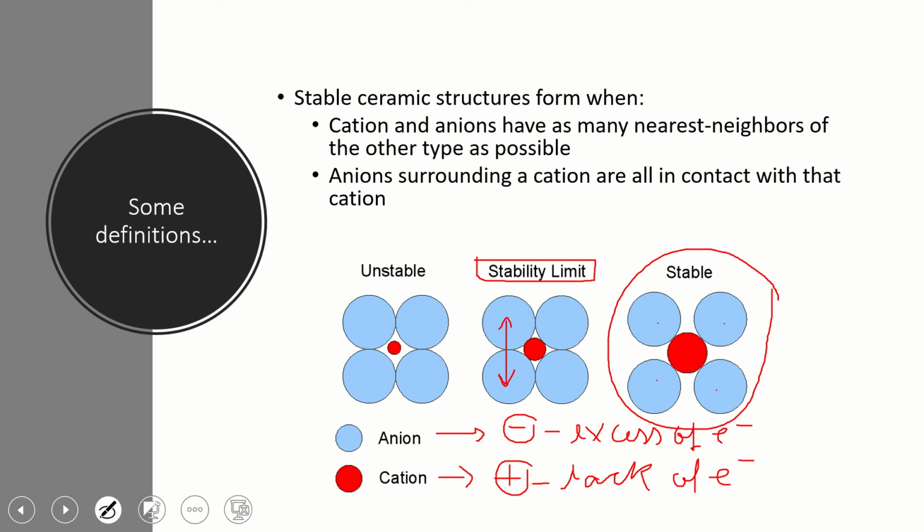In comparison with the third one, they are more spaced out, so there's a higher stability here. And the first one is very unstable because besides the fact that the anions are touching each other and repelling each other, none of them are touching the center cation.